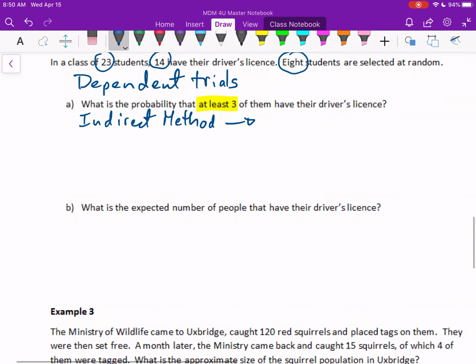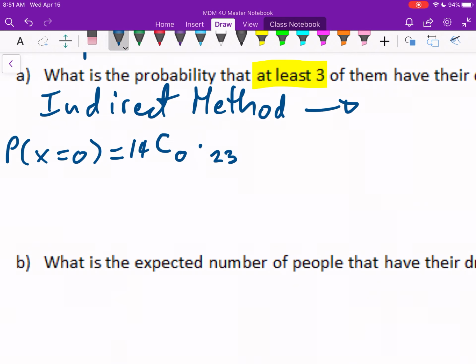I want to find the probability that none of them have their driver's license. That's P at x equals 0. So that would be 14 successes. Out of 14 successes, I want to choose 0 of them, which means that out of 23 minus 14, just to show where it comes from, the number of possible failures in this case is 9.